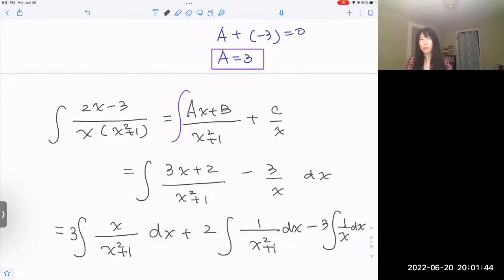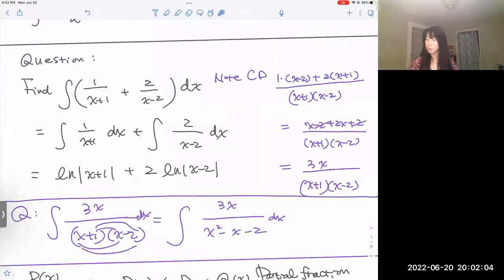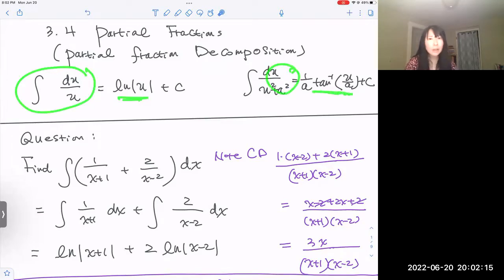Okay, so look, either one we integrate gives ln or arctangent. Which one is ln, which one is arctangent? Looking at the beginning here, we have this form, which is ln. This form is that. Okay.